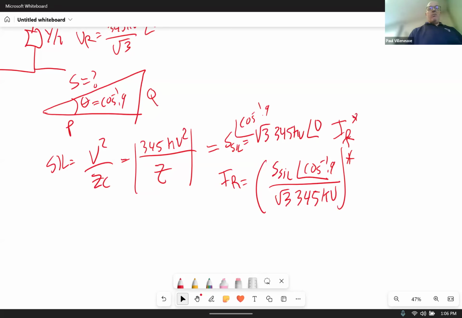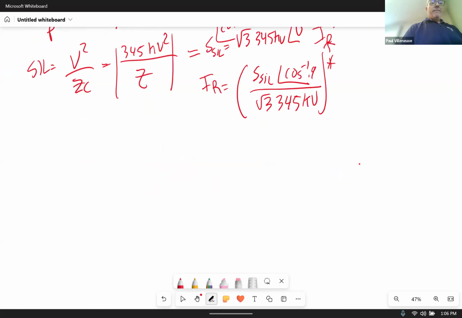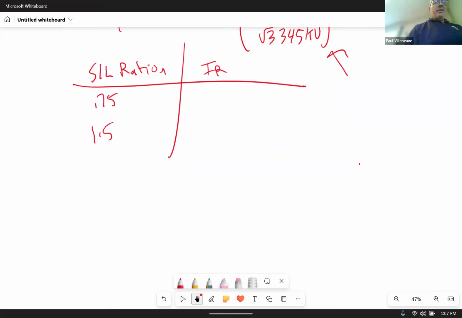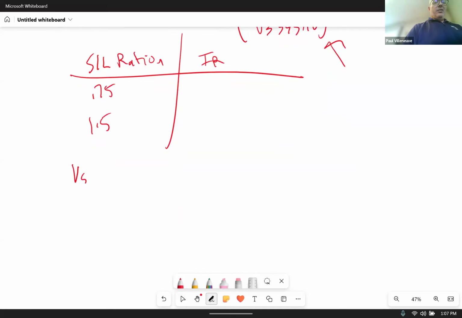So I've got to now run a table, 0.75 and 1.5, and then you're going to go ahead and calculate an IR value using this formula. Once you have that, your next step is to do your pi equivalent.